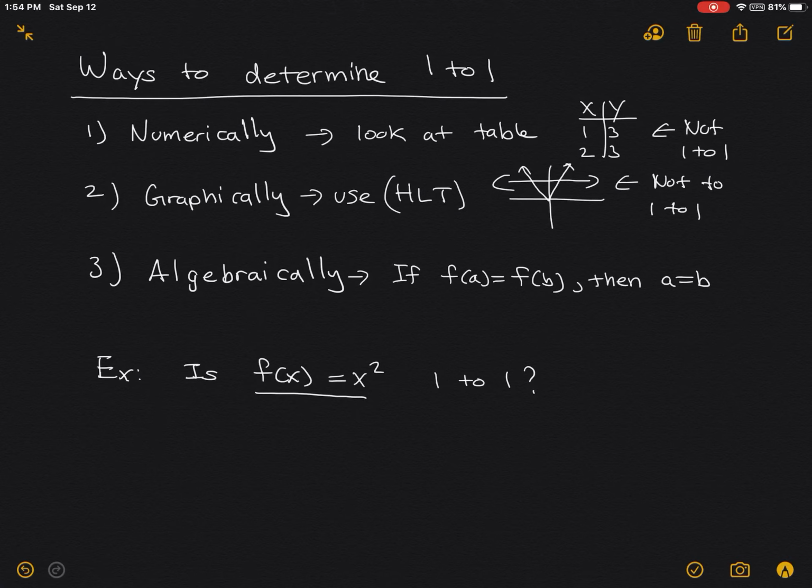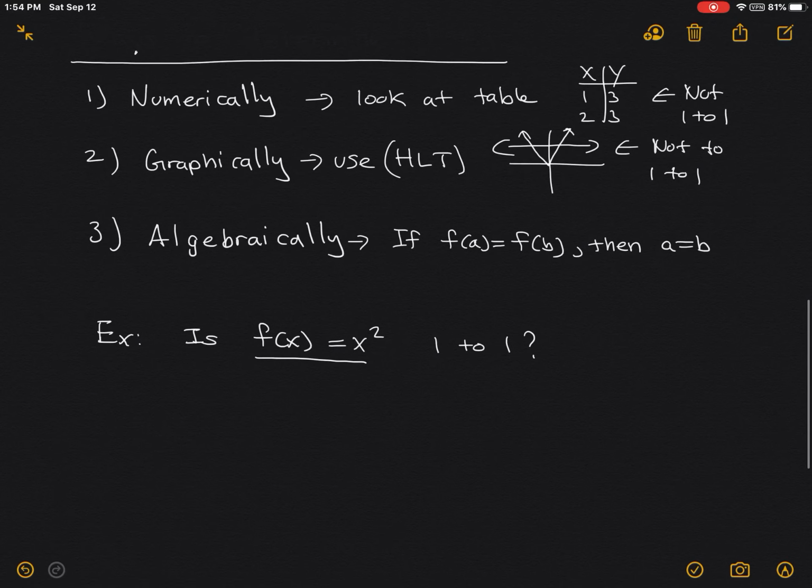Okay, so let's show that in this quick example over here. Is f of x equal to x squared 1-to-1? I'm going to justify going algebraically first. Since this part is new, we are going to assume that f of a is equal to f of b, right? So if I say, what is f of a? You would say a squared. If I say, what's f of b? You would say, that's b squared, right?